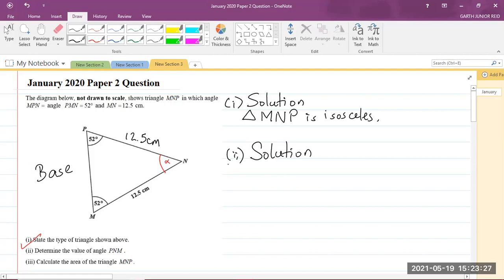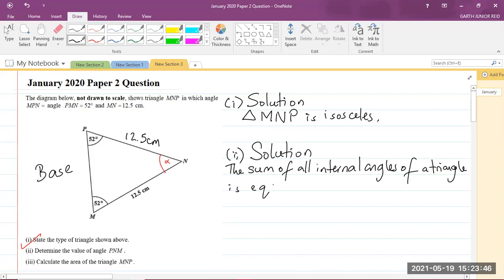So let me just write a statement. The sum of all internal angles of a triangle is equal to 180 degrees.